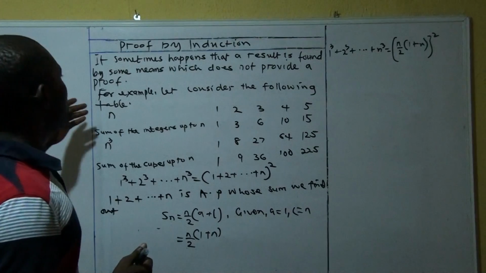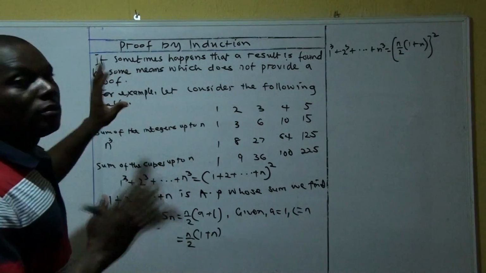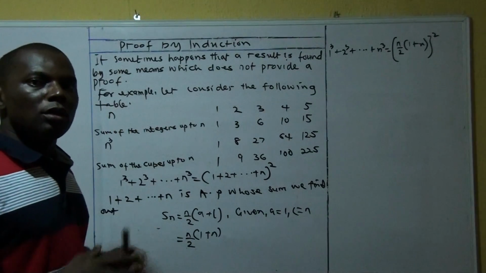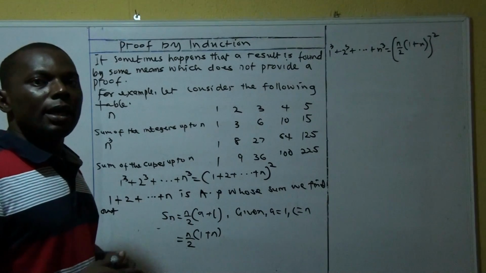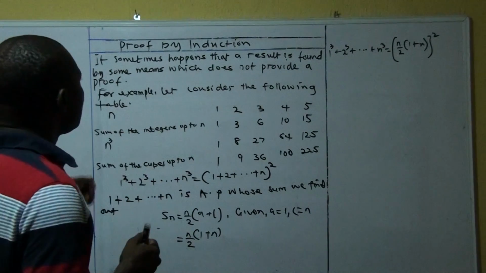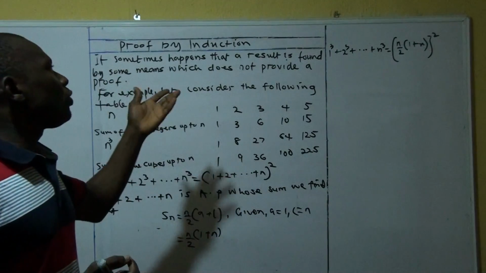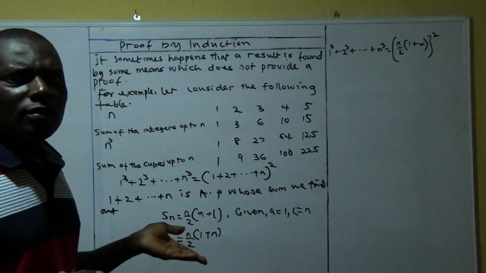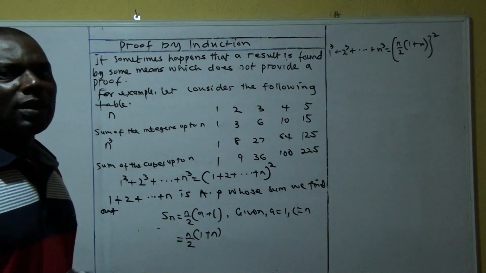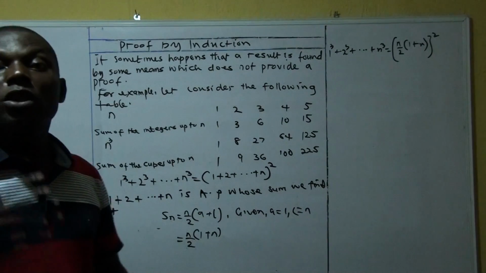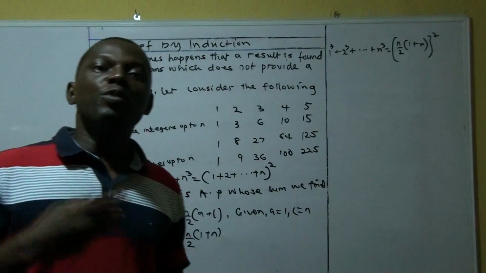So here we just looked at the introductory part to proof by induction. And like I said, sometimes it happens that we want to find a result, and that result can be found by some means which does not provide a proof.